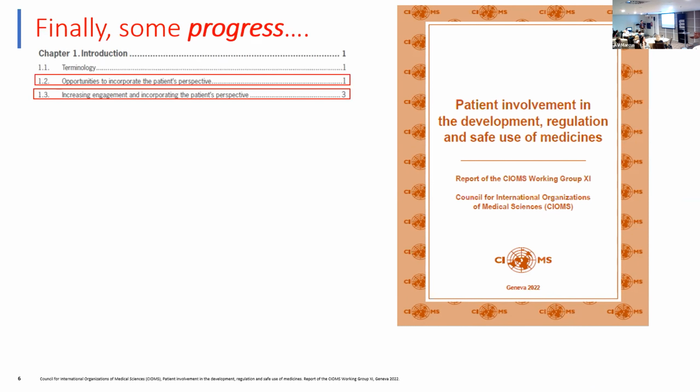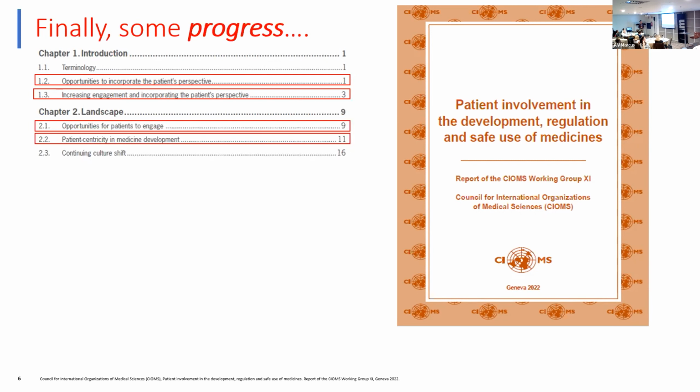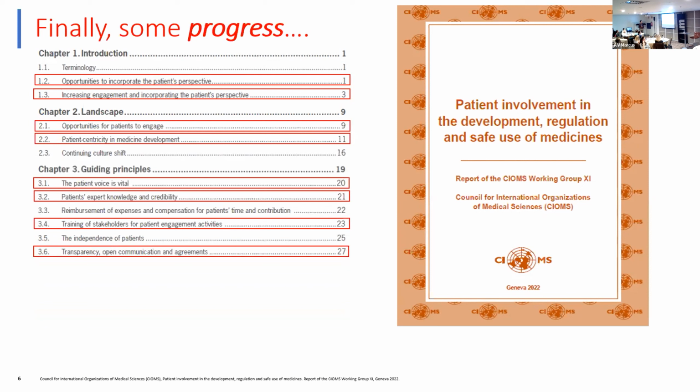There are many key points that are being discussed there. In the introduction, they are discussing the opportunities to incorporate patient perspective, which is very important, and also increasing their engagement for the development of the drug products. In chapter 2, landscape, they are discussing opportunities to engage the patients and also patient centricity in the development of medicines. In chapter 3, patient's voice is vital.